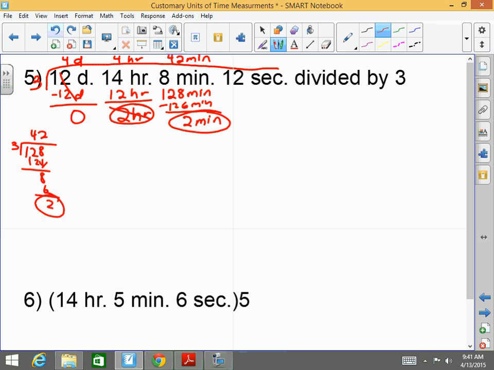You convert them to seconds. And there's 60 seconds in every minute. So 120 plus 12 would be 132. And then 132 divided by 3, that's 4.